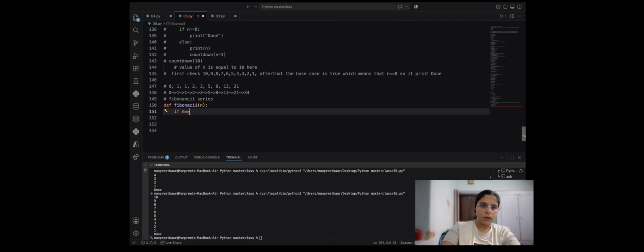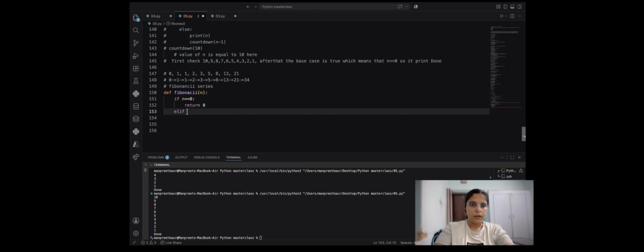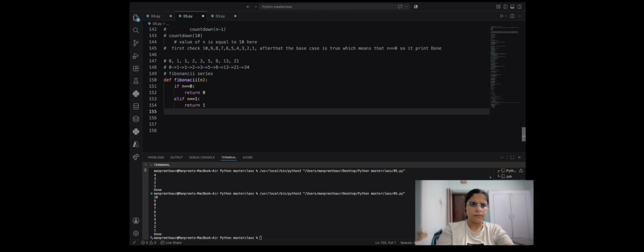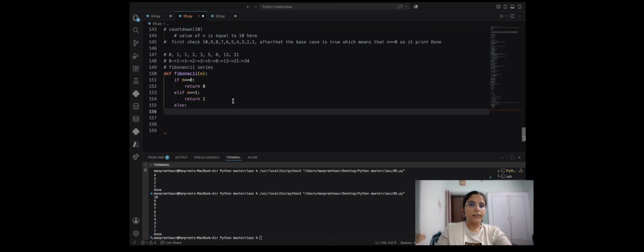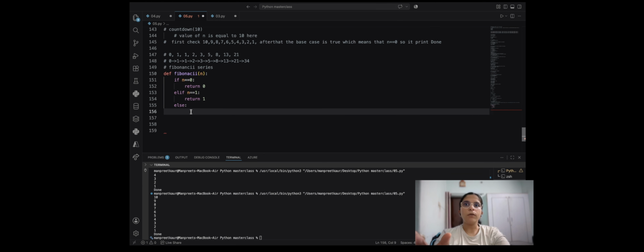Now we are going to give conditions. If n is equal to 0, then return 0. Elif n is equal to 1, then return 1. These are the base conditions, the base case. But now we are going to describe the recursive case, when a function calls itself.